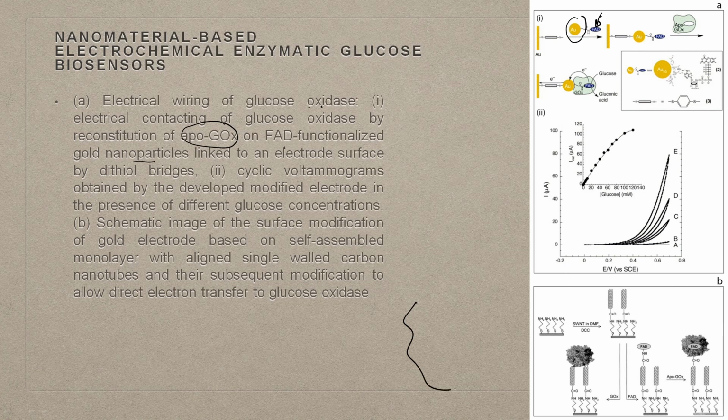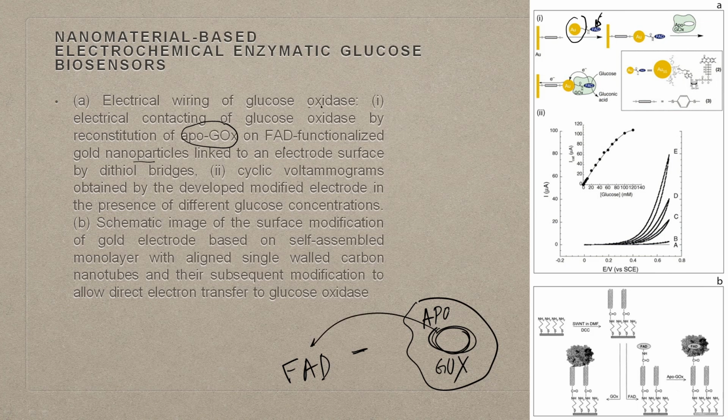When we talk about Apo glucose oxidase, this is minus FAD, because FAD is sitting in this pocket. So, if you could remove the FAD, the enzyme without the active site is called the ApoFAD. The ApoGOX and the FAD is out. On FAD, functionalized gold nanoparticle links to an electrode surface by dithiol bridge.